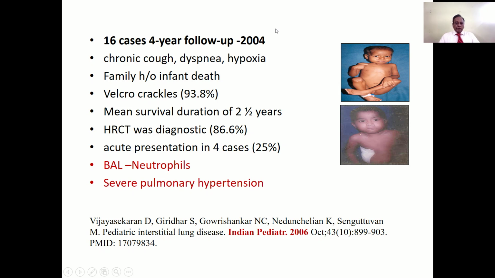Actually, I had an opportunity to do a lot of work during my professorship at the hospital, and I happened to see and treat many sick ILD patients, and we published this as a paper also. During a 4-year period, I was able to follow 16 cases, and it was a very high mortality, and most of the children lived only about 2.5 years.